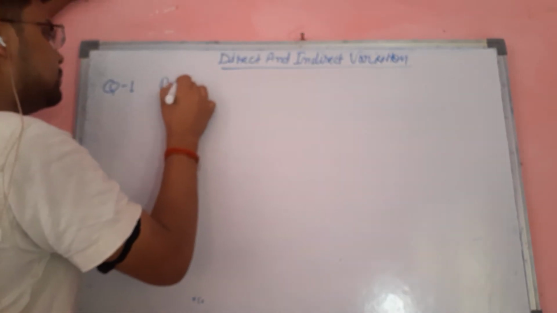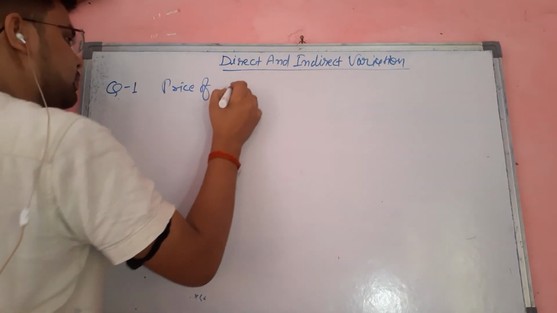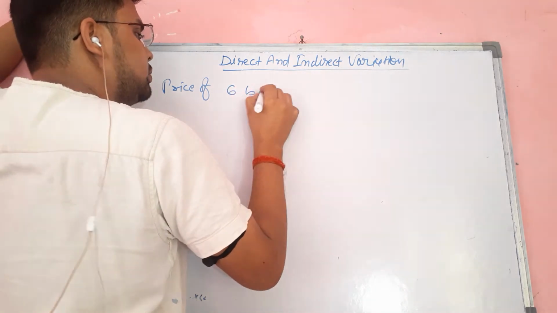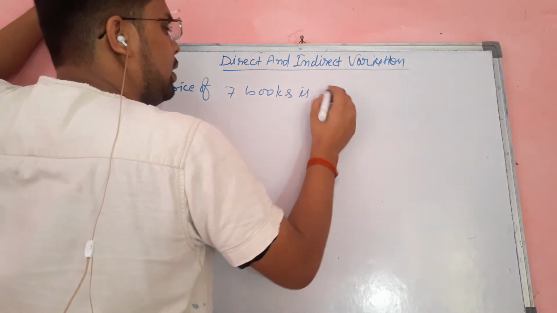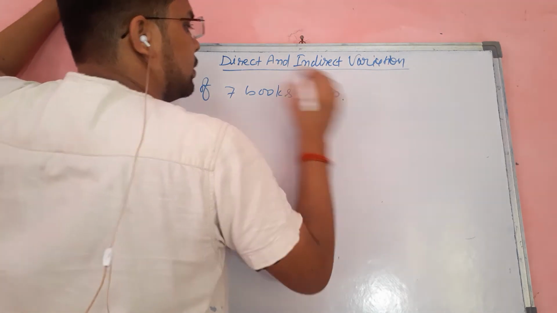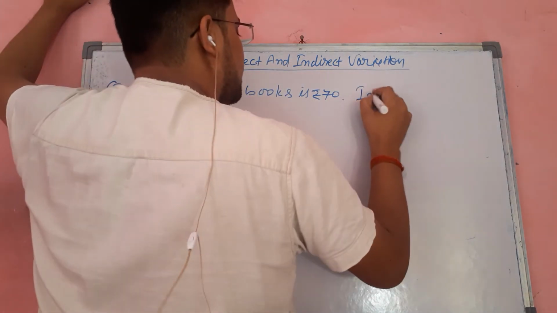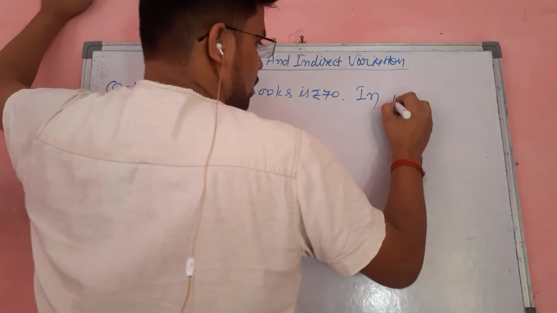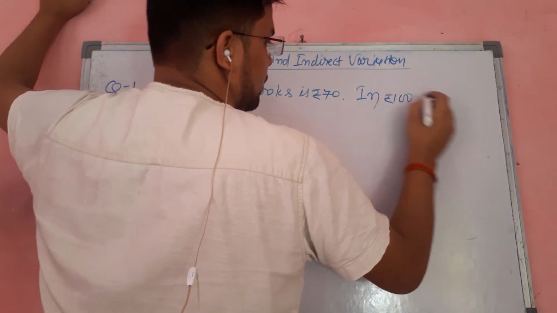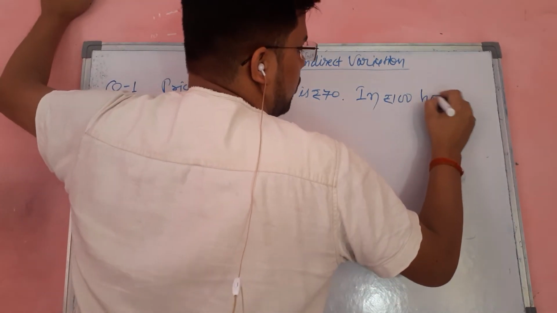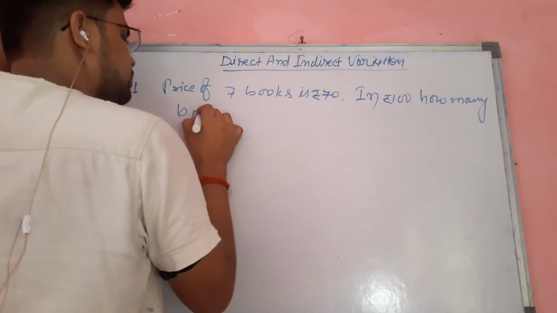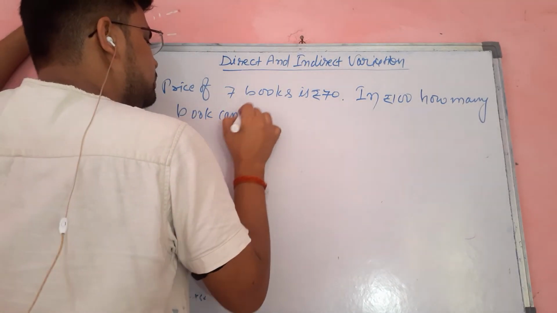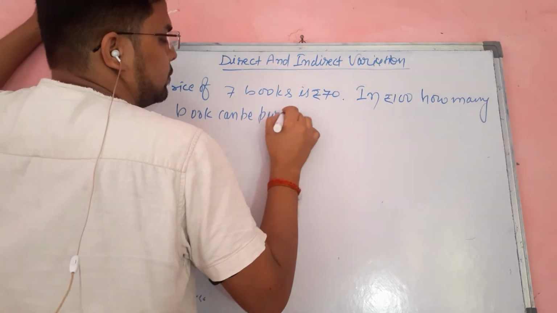Price of 7 books is 70 rupees. In 100 rupees, how many books can be purchased?